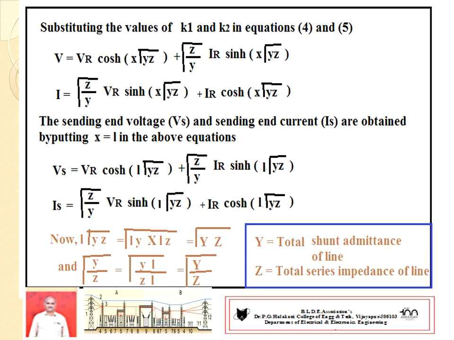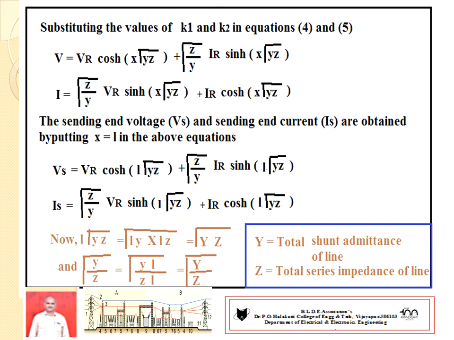If I put x equal to the total length L, then we get the voltage and current of the sending end. Finally the expression becomes Vs equals VR cosh(L square root of yz) plus square root of z by y IR sinh(L square root of yz). Similarly, the sending end current is also obtained.